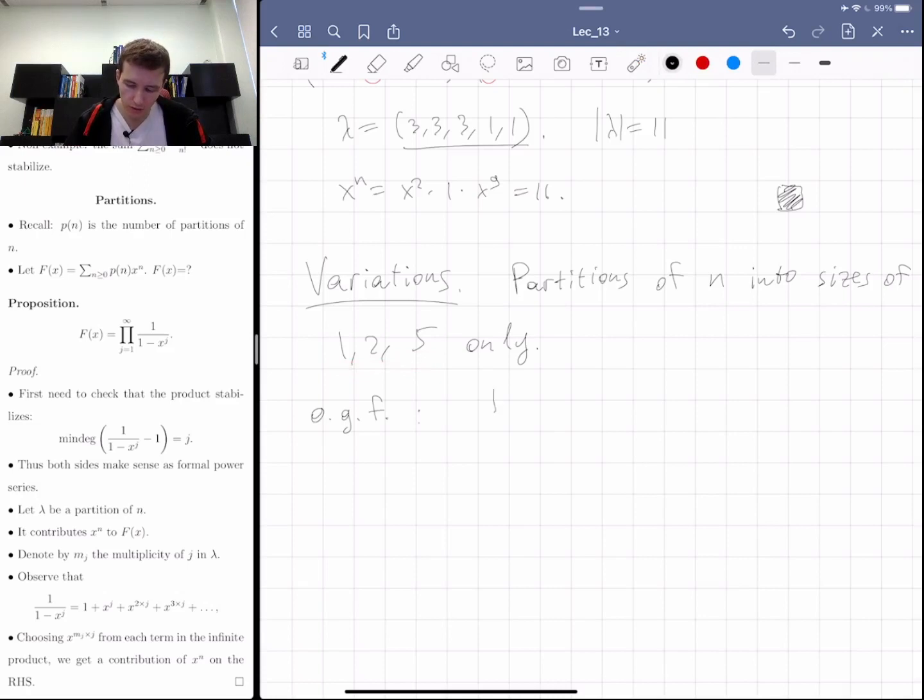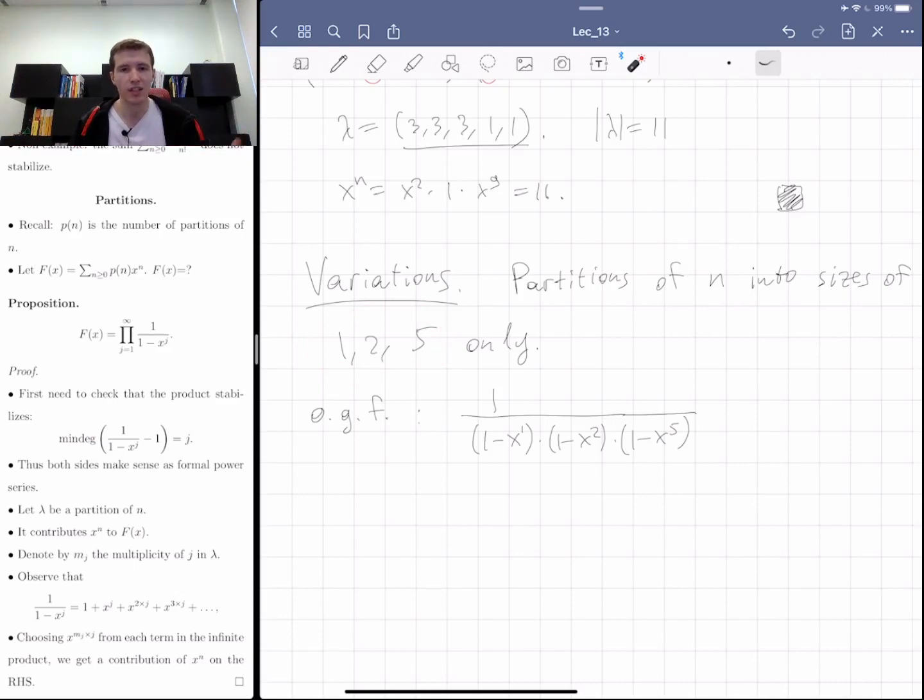So it's going to be 1 over 1 minus x to the first, times 1 minus x to the second, times 1 minus x to the fifth, because 1, 2, and 5 are the only parts which are allowed. If you expand the corresponding product and multiply all the terms out, you're going to get partitions with these kinds of restrictions.